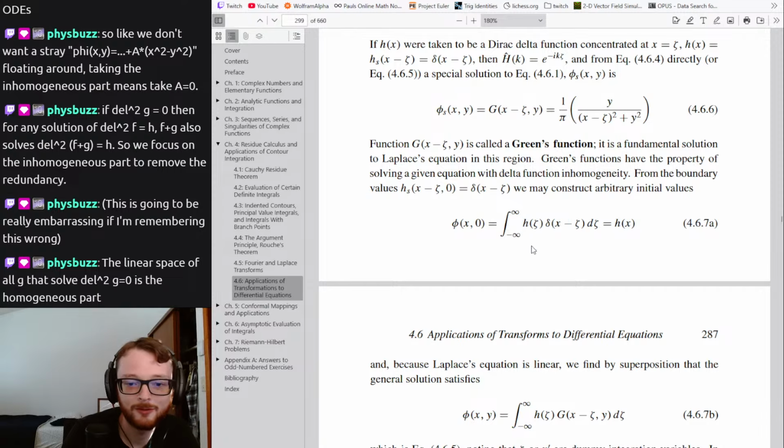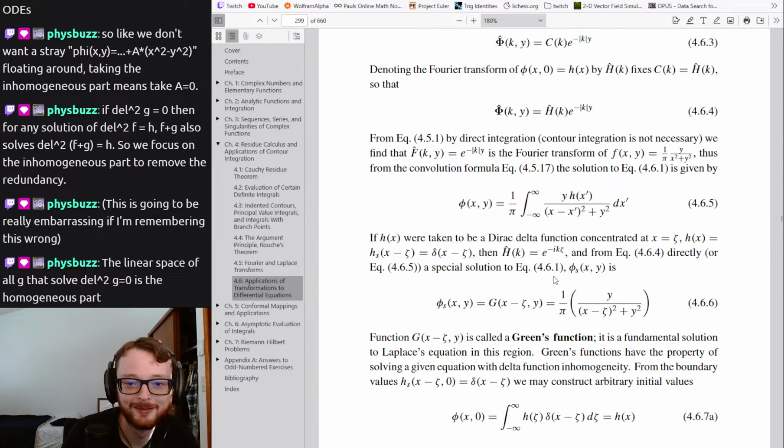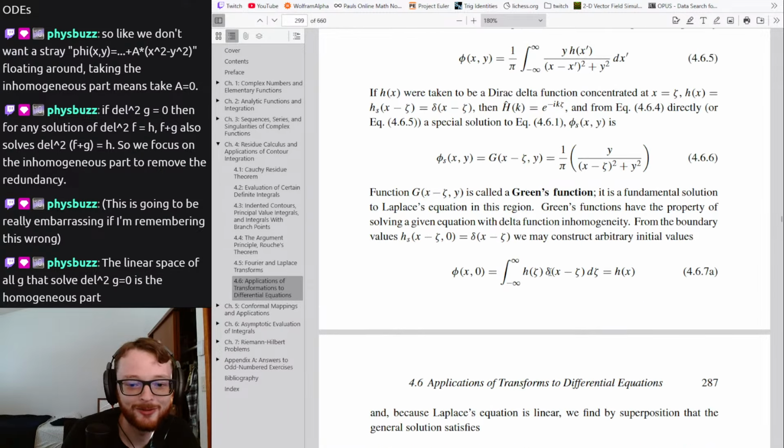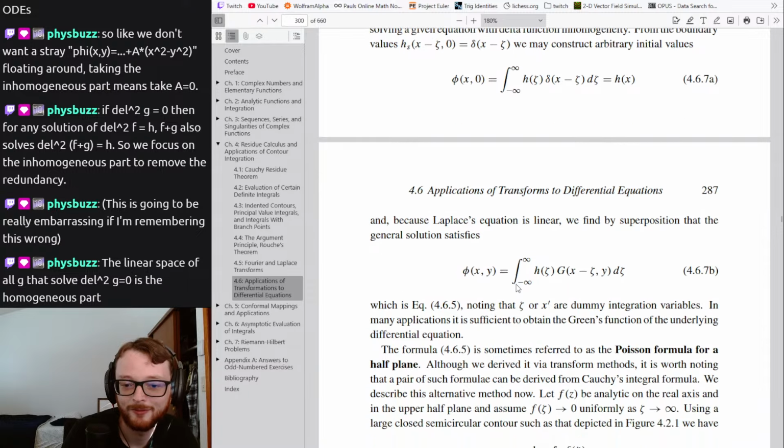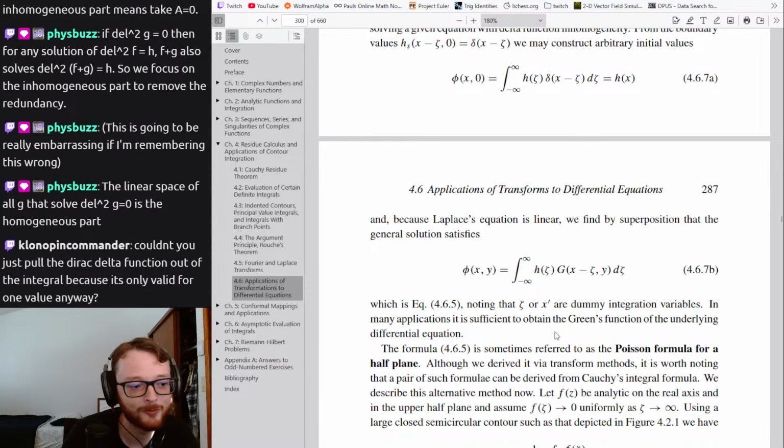If you really want to go wild, you can do this with any function you wanted to. Because the Laplace equation is linear, by superposition, which is probably what Fizzbuzz was saying, or it's similar to what Fizzbuzz was saying.